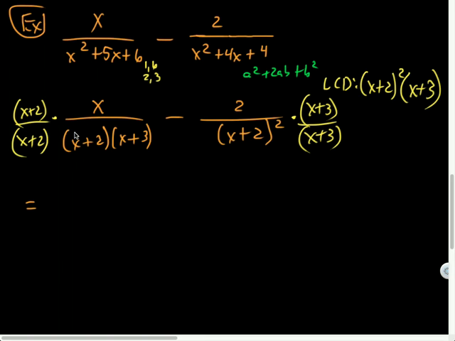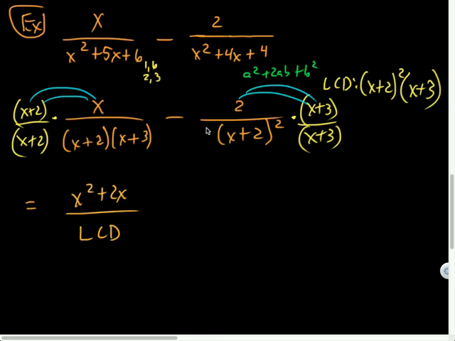So when I multiply this out, I'll write those in blue, and we'll have x squared plus 2x over the LCD. So you don't have to write out that whole thing. And now we've got a choice. I could distribute the 2 and leave this as a minus sign, or I could distribute this as negative 2 and make this into a plus sign.